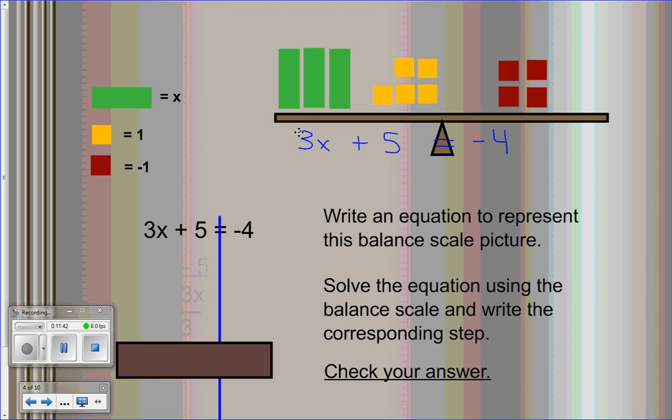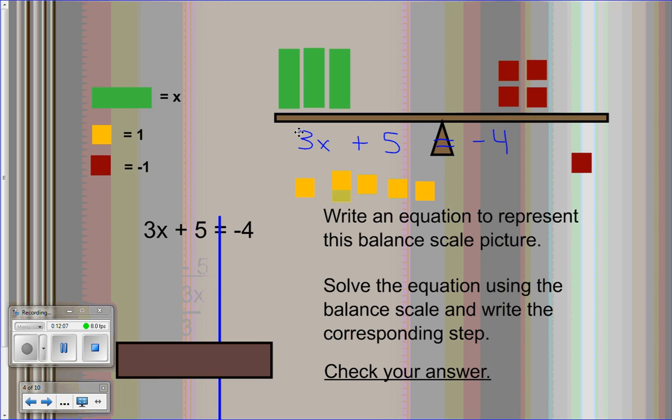The problem with negative and positive numbers is I can remove 5 from this side. I can subtract 5 positive ones, but I don't have 5 positive ones to subtract from the right side of the equation. So I'm going to put up zeros in the form of our zero pairs. We talked about this in class.